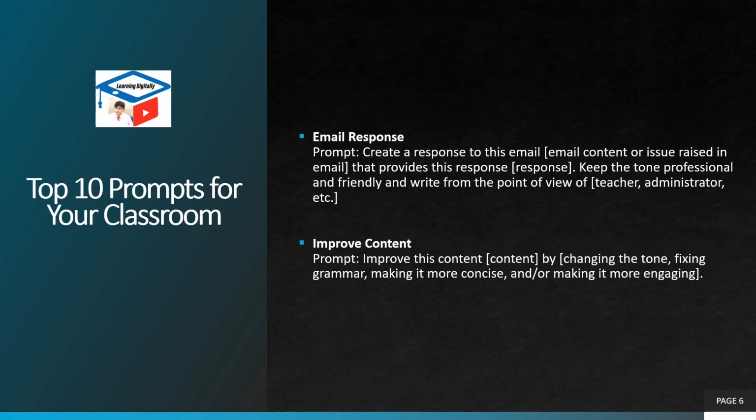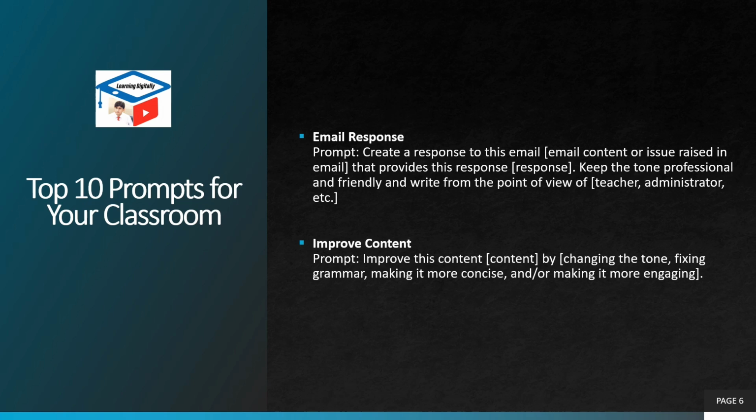you have to mention any condition. Number 9 prompt is the email response. So you have to create a response to this email. Write in ChatGPT: create a response to this email. Paste that email within brackets, meaning first you write create a response to this email, then generate brackets and paste that email within those brackets.